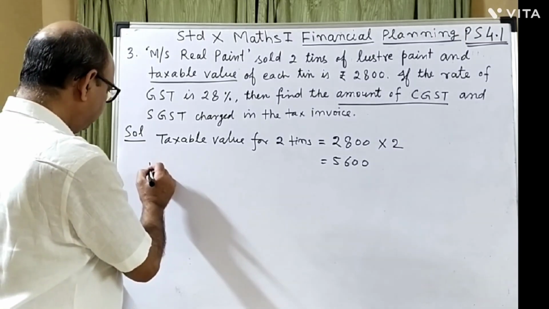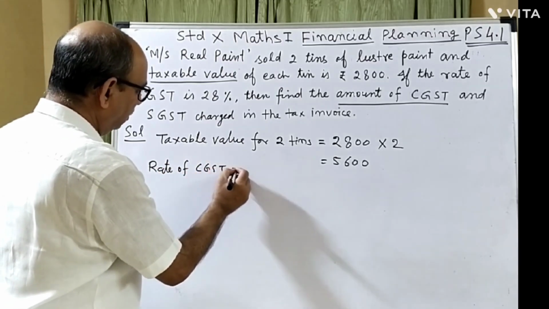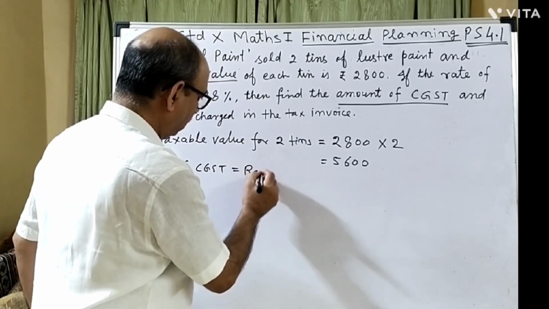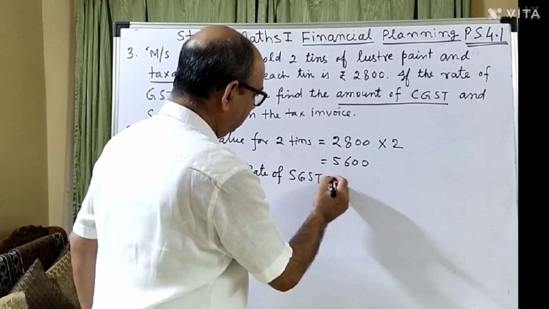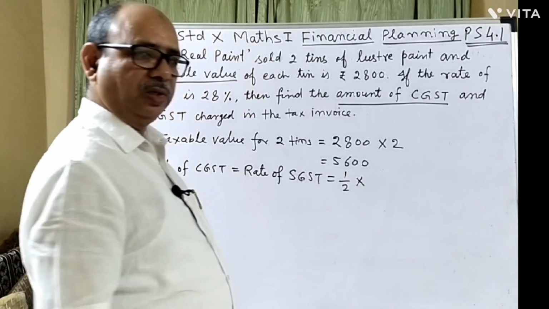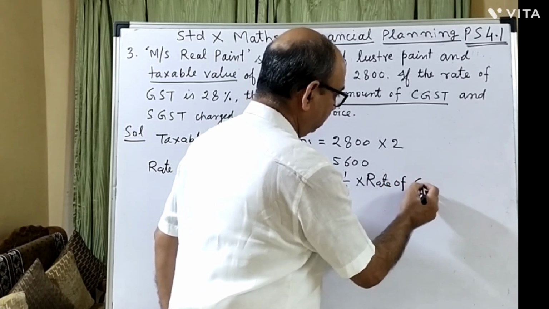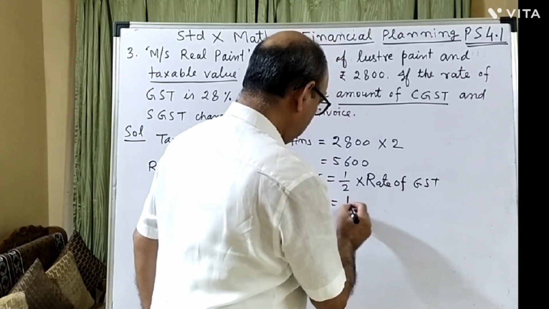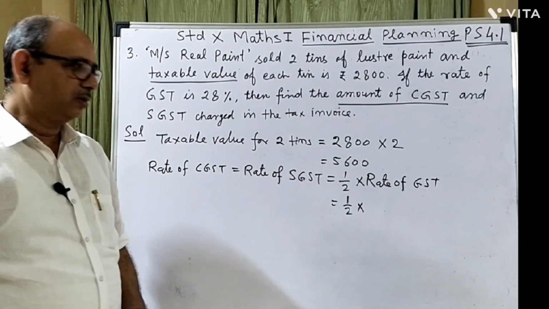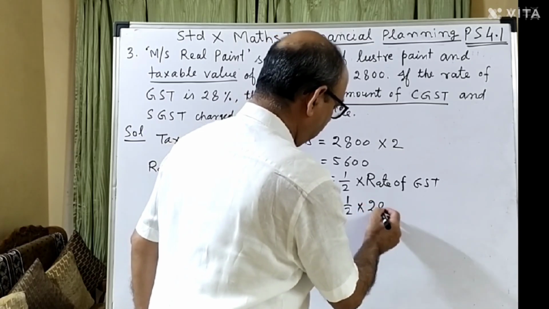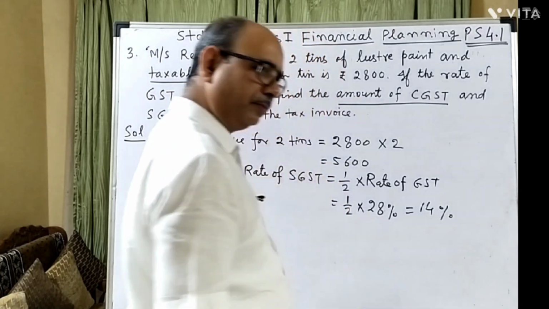Then rate of CGST is equal to rate of SGST. This is equal to half of the rate of GST. It is equal to half of 28%, which is equal to 14%.